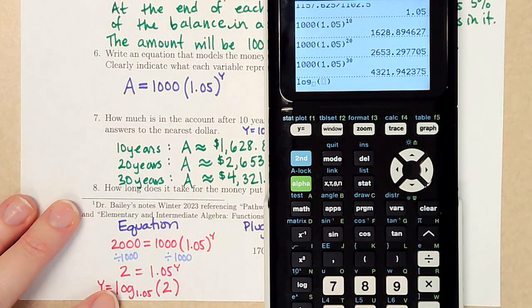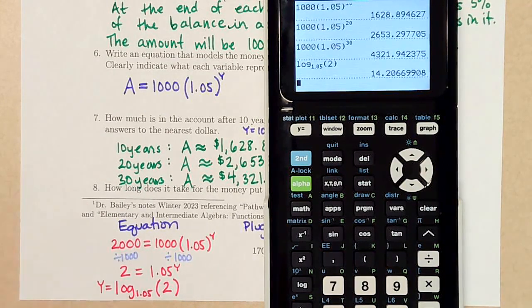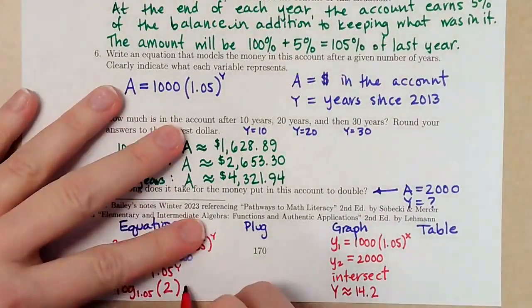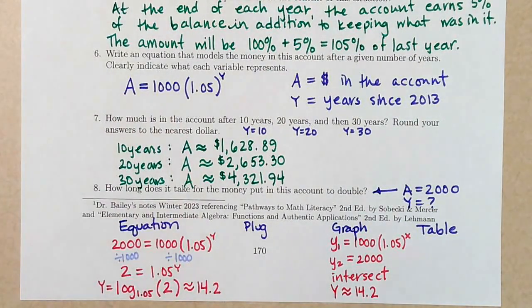Hit enter. Log and the base 1.05 for the constant multiplier. So 1.05 to what power gives us 2? And voila, about 14.2. Okay, so approximately 14.2.